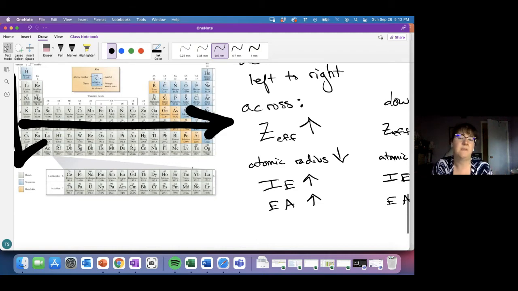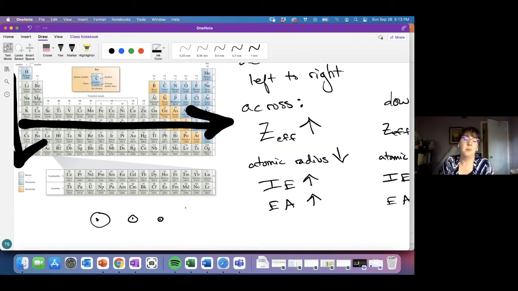So anytime our Z effective, ionization energy, and electron affinity go up, what's really happening is the nucleus is holding on to its electrons better. And I am exaggerating this. So essentially the nucleus is doing a better job of holding on to all of its electrons, and therefore it requires more energy to take one away, or it releases more energy when it gets another one. And as a result, it's also physically smaller.